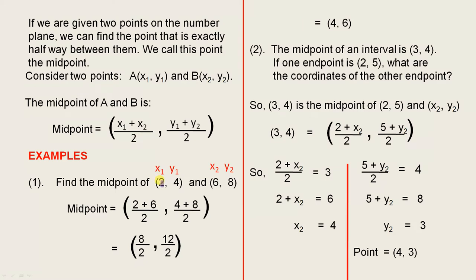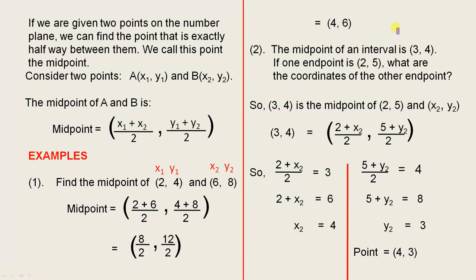The x values are 2 and 6, so it's (2 + 6)/2. The y values are 4 and 8, so it's (4 + 8)/2. That gives us 8 over 2 and 12 over 2, so the midpoint is (4, 6). So the midpoint of (2, 4) and (6, 8) is (4, 6).